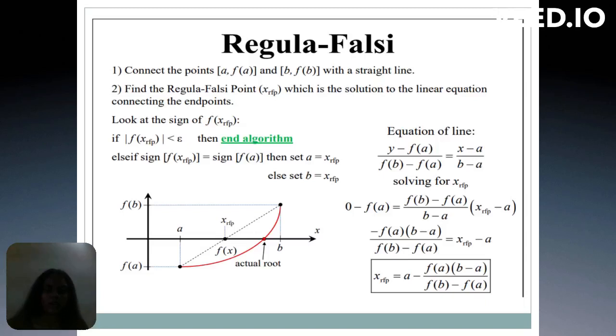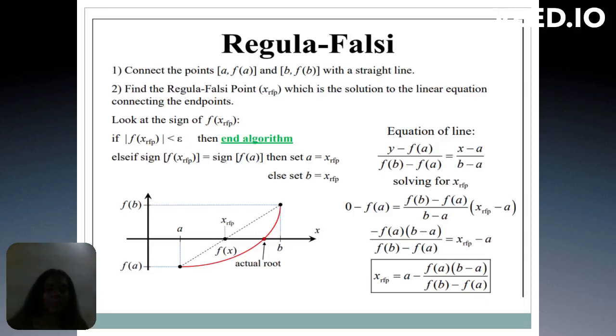And as we look at the sign of f of x_rf, if f of x_rf is less than epsilon, it means it's the end of the algorithm. If f of x_rf has the same sign as f of a, then a equals x_rf. Otherwise, b equals x_rf.